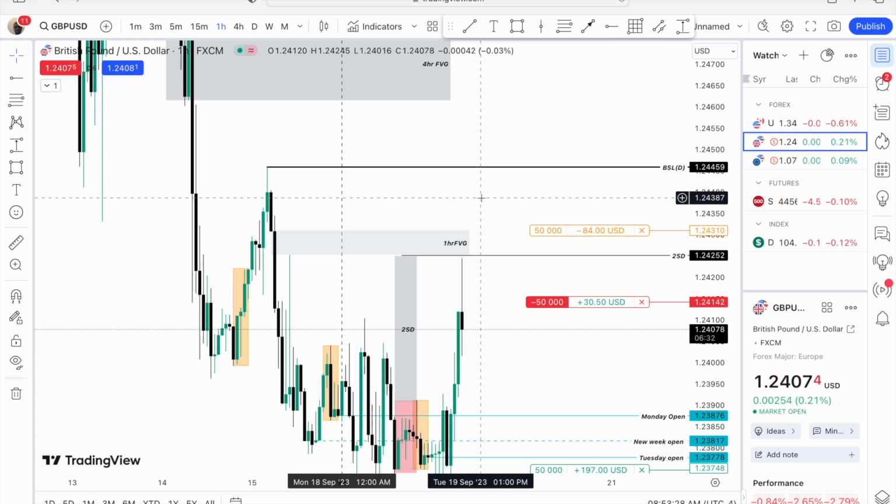So the next big news driver we have is tomorrow, FOMC. Tomorrow, FOMC news, and what we could anticipate is that we'll be bullish on dollar for the time being because it's showing us strength.